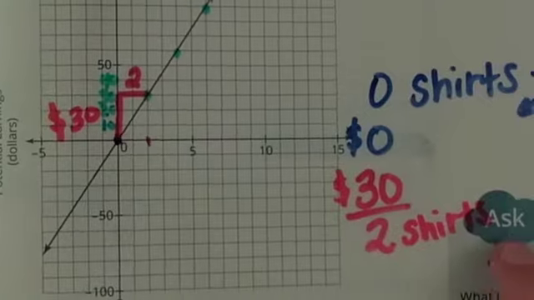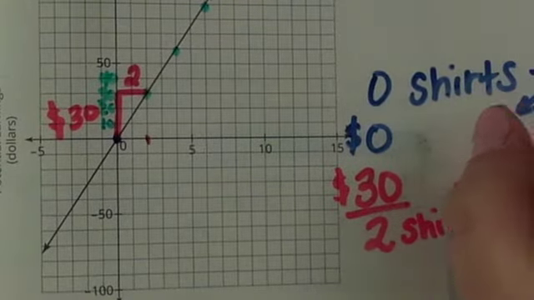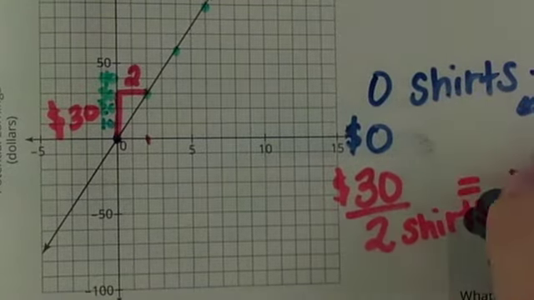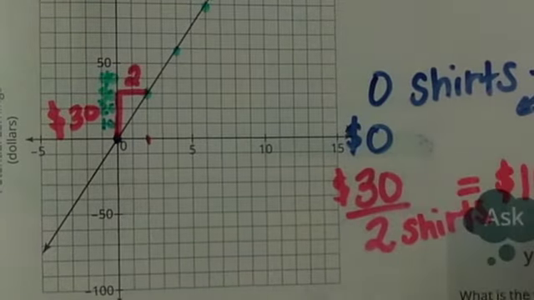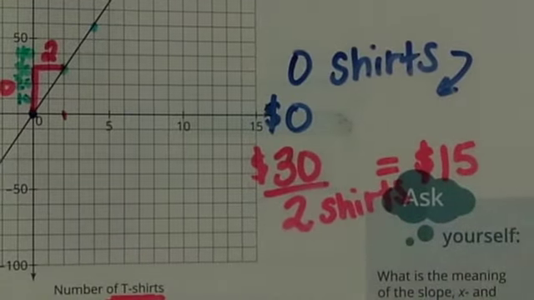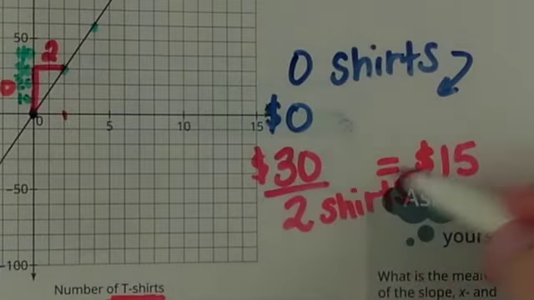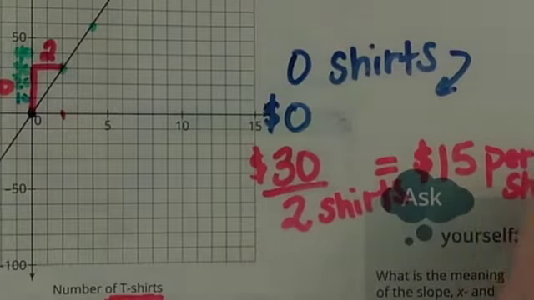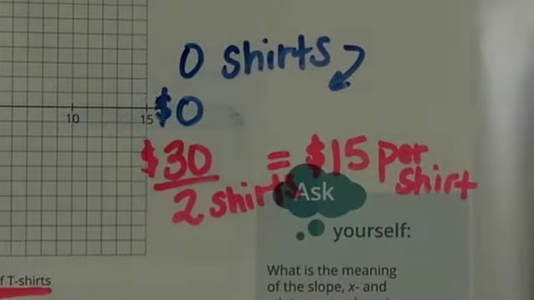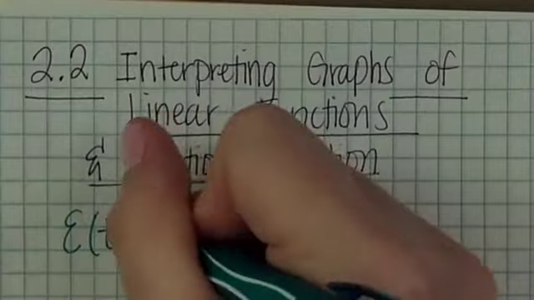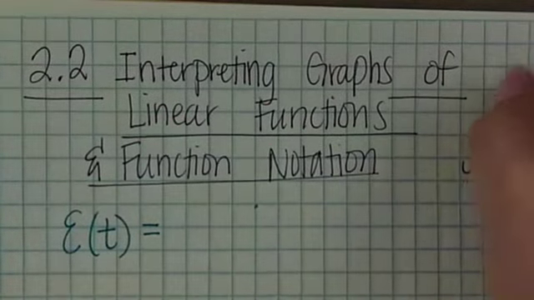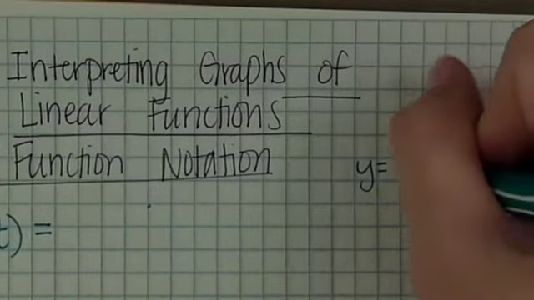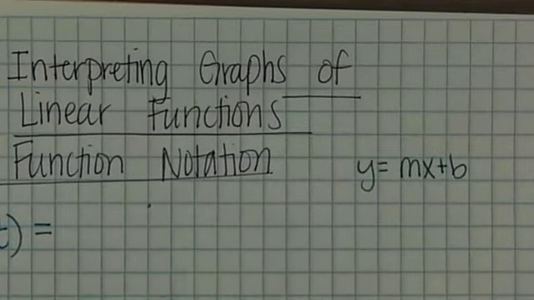I don't want to know what the cost is for 2 shirts. I want to reduce that. 30 divided by 2. Use your calculator, or I just know that one is 15. So it's $30 for 2 shirts, or $15 per shirt. Okay, so in our equation, we're going to have E of t equals, so think about y equals mx plus b.